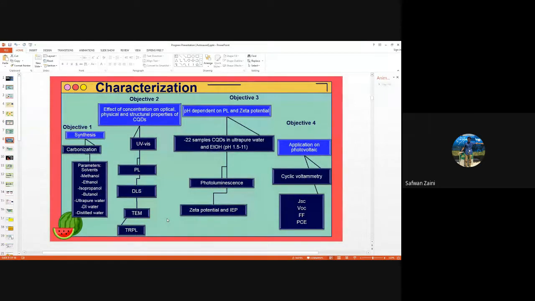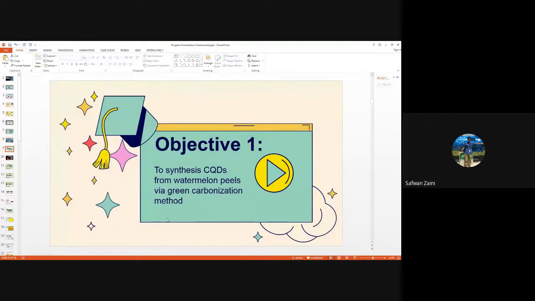So here is the summary of the project. We have 4 objectives, as you can see here. For objective 1, the first objective is to synthesize CQD from watermelon peel by green carbonization method.